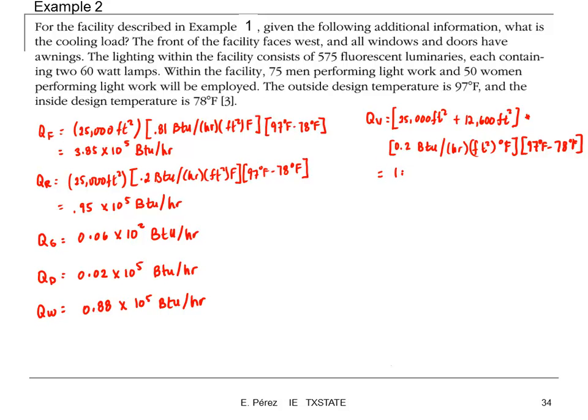So this equals 1.43 times 10 to the 5th BTU per hour.